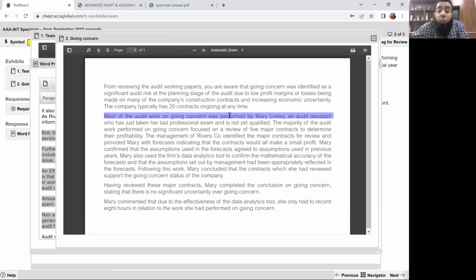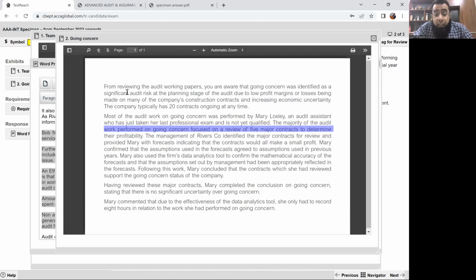Most of the audit work on going concern was performed by Mary Locksley, an audit assistant who has just taken her last professional exam and is not yet qualified. The majority of the audit work performed on going concern focused on review of 5 major contracts to determine their profitability. Now, we identified this issue that an audit assistant is doing audit of going concern, and even that audit assistant is not qualified.